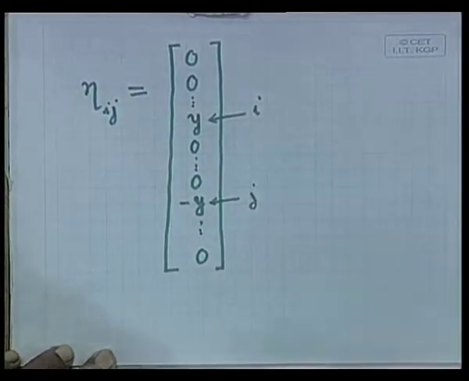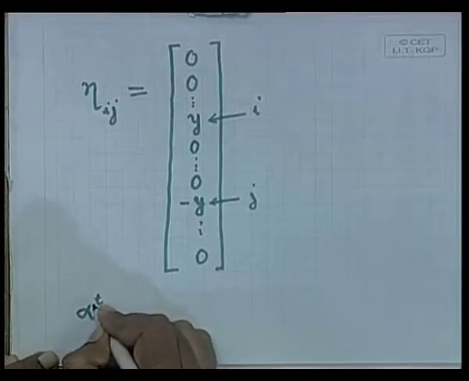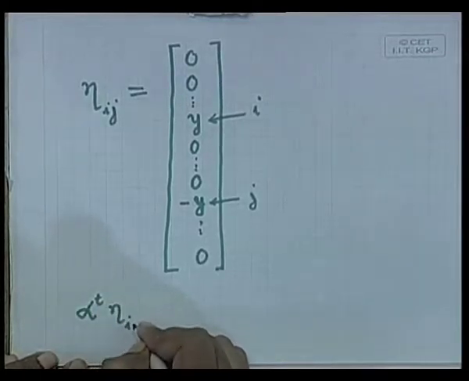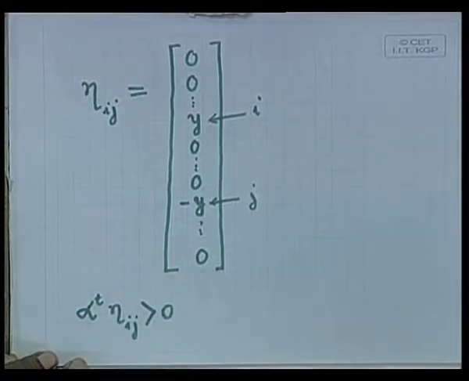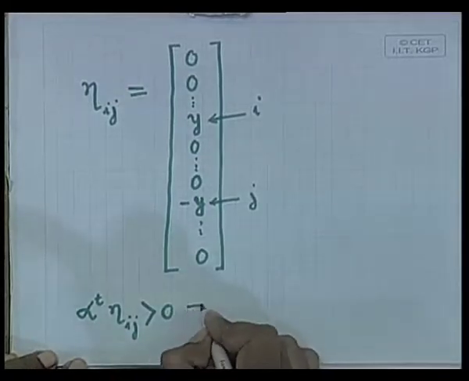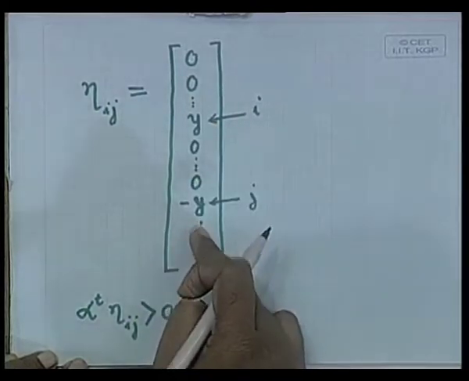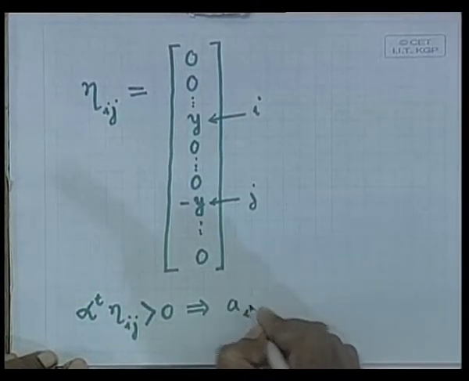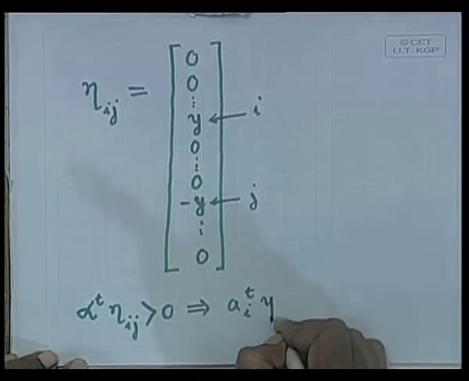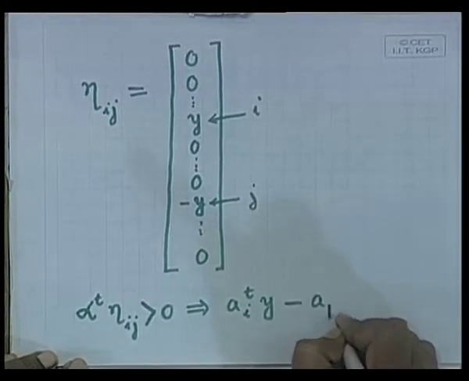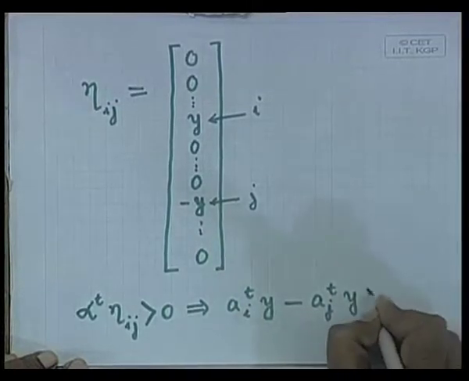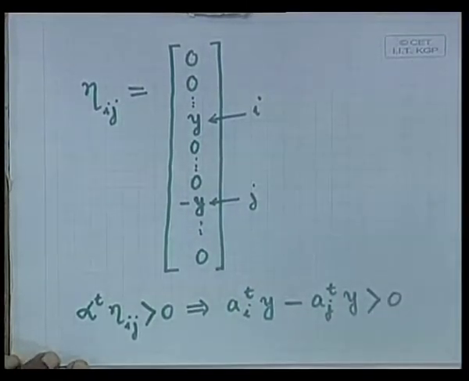And alpha transpose eta ij greater than 0 is equivalent to, if you follow from here, simply a_i transpose y minus a_j transpose y greater than 0. If this condition is satisfied for all values of j not equal to i, then we say that the sample y belongs to class omega i, it does not belong to class omega j.